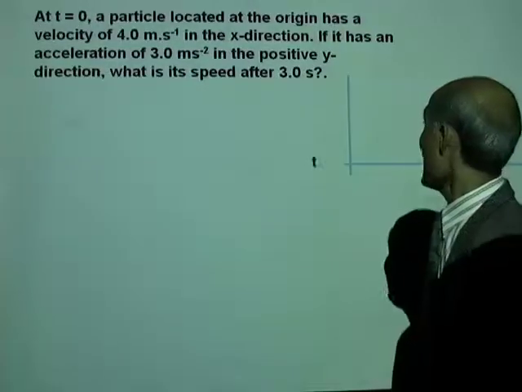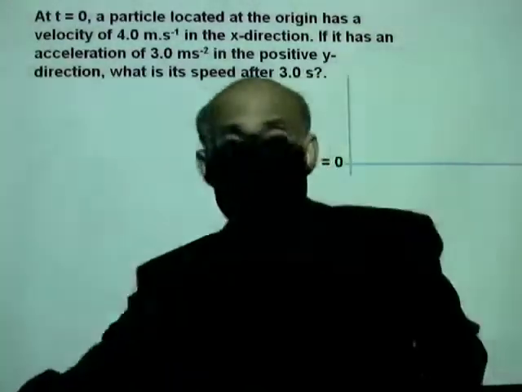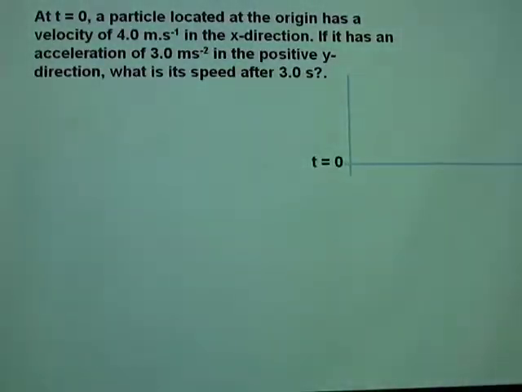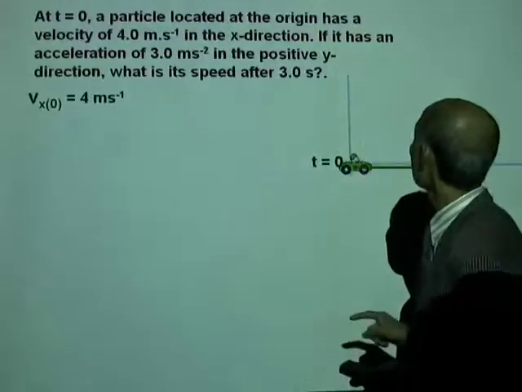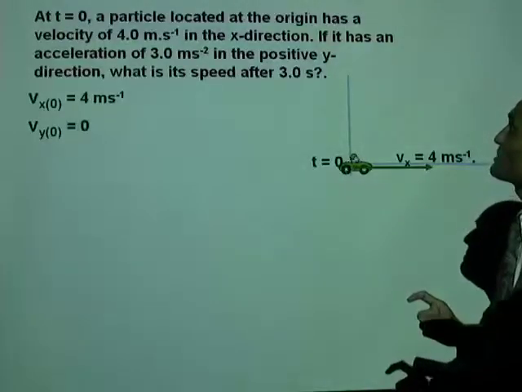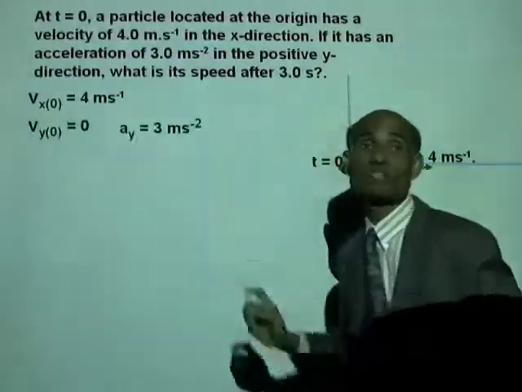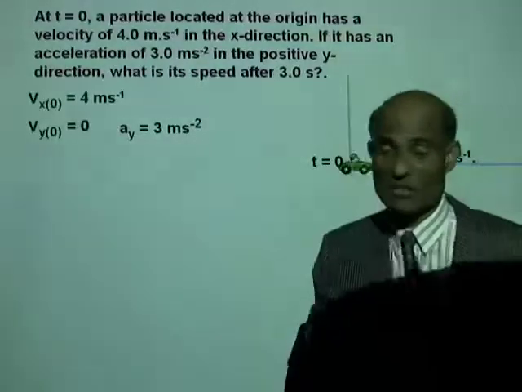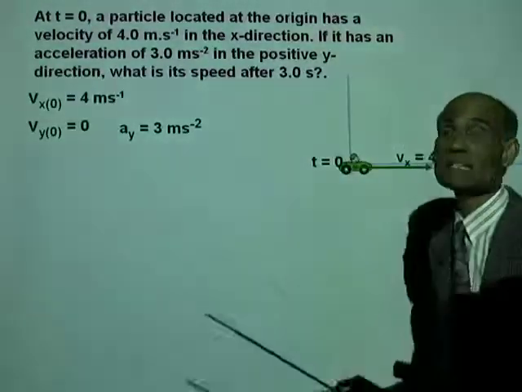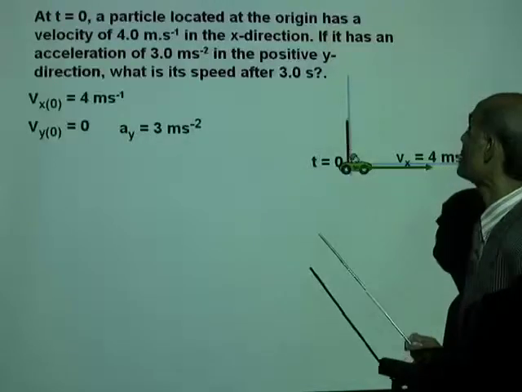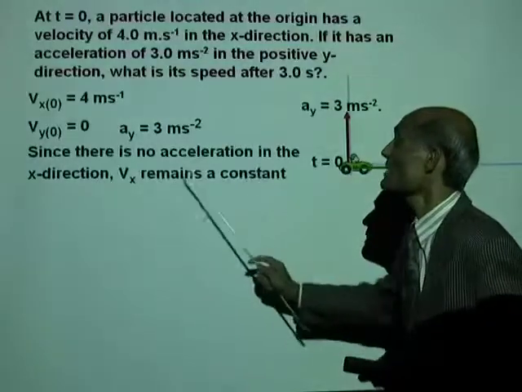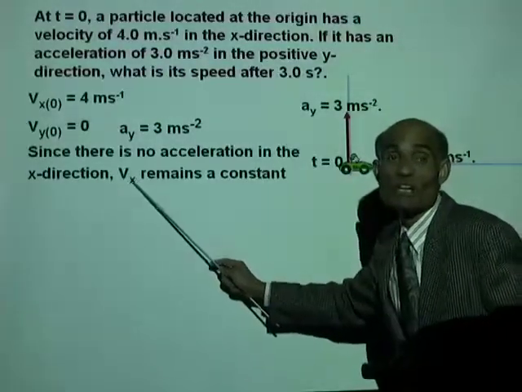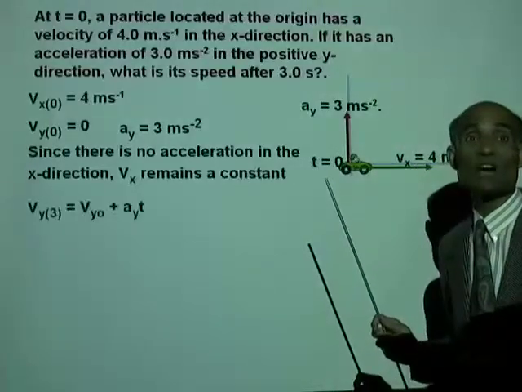Okay, now this is the position of the object at the origin at t equal to 0. Is that right? Yes. And it has a velocity 4 meters per second in the x direction, and its y velocity is 0. It has an acceleration of 3 meters per second squared in the y direction. Since there is no acceleration in the x direction, the x velocity remains a constant.